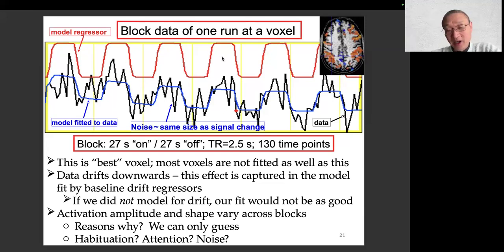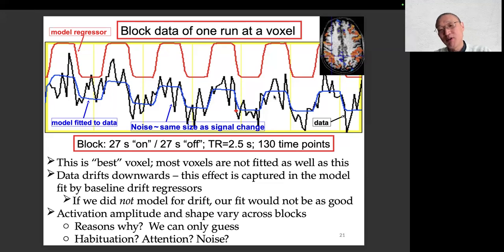We use that white curve as a pattern to search and fit the data, the black curve. Then we come up with the blue curve. The blue curve is slightly different in terms of shape from the white curve. Why? Because it captures the downward drift. This is the fit, how much we try our best to fit the data.